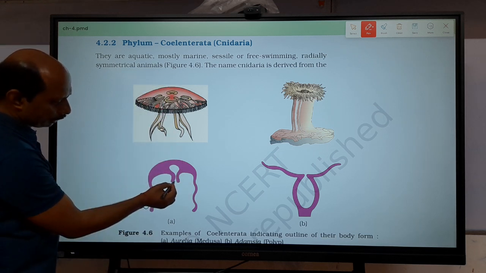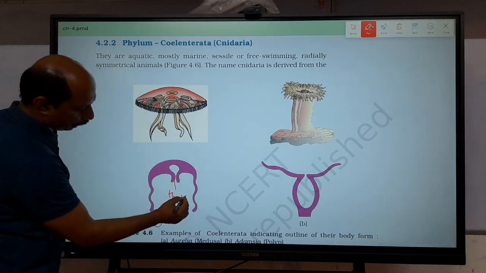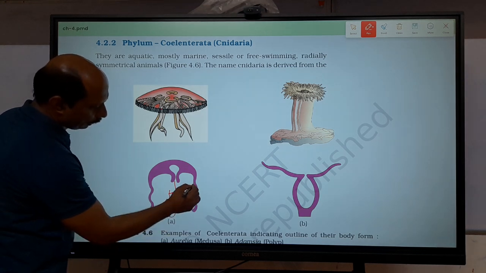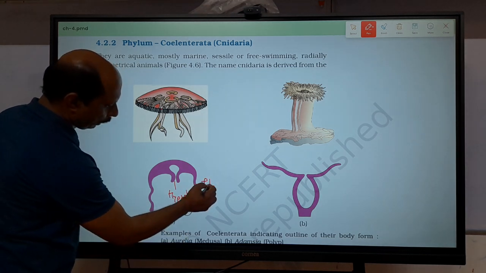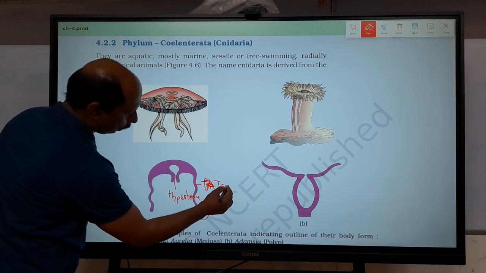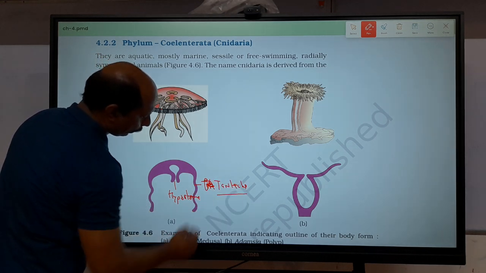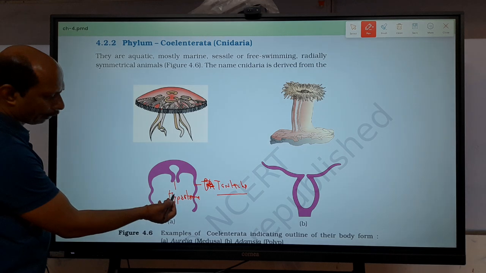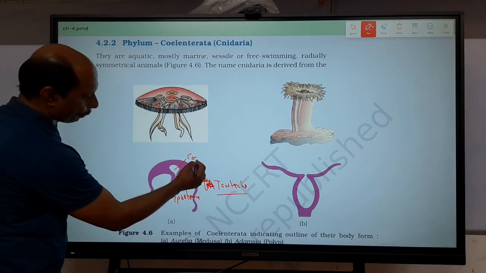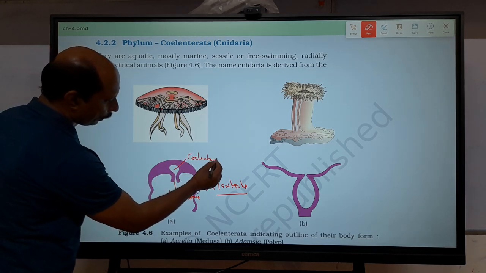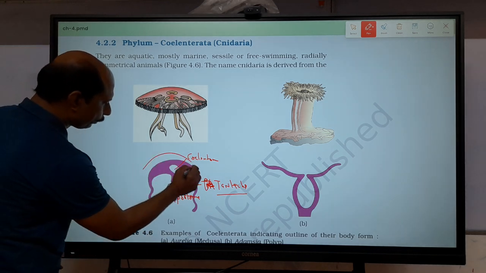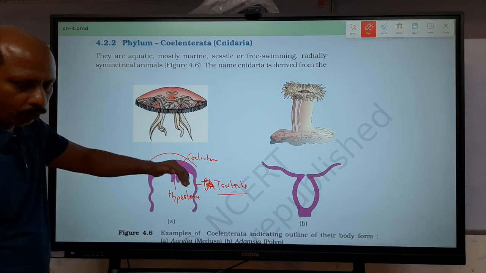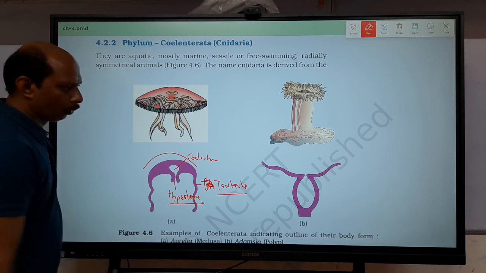So what we see, this is the hypostome. These are tentacles, right? These are tentacles, these are hypostomes. This one is the coelenteron cavity. So this one is umbrella-like, in downward position, mouth downward.